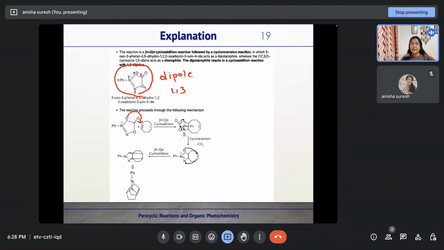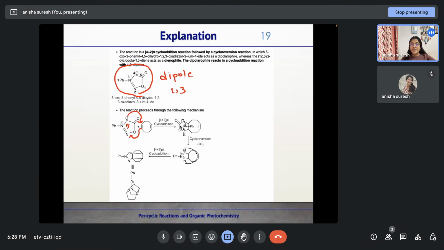This will add on to this, and this positive charge on nitrogen will be neutralized. So we will get a system like this, where this O double bond O will be coming in a bridged fashion. So the 120-degree angle of CO2 is not maintained, and because of that, the CO2 will undergo extrusion.